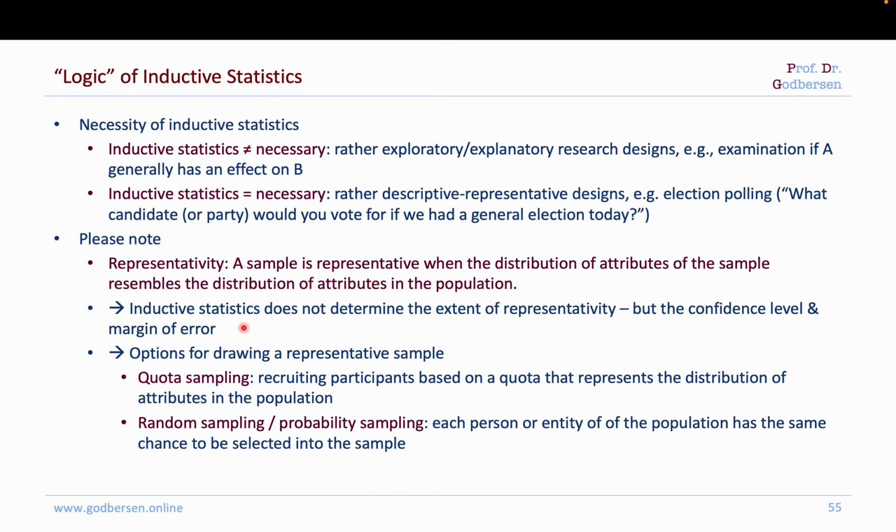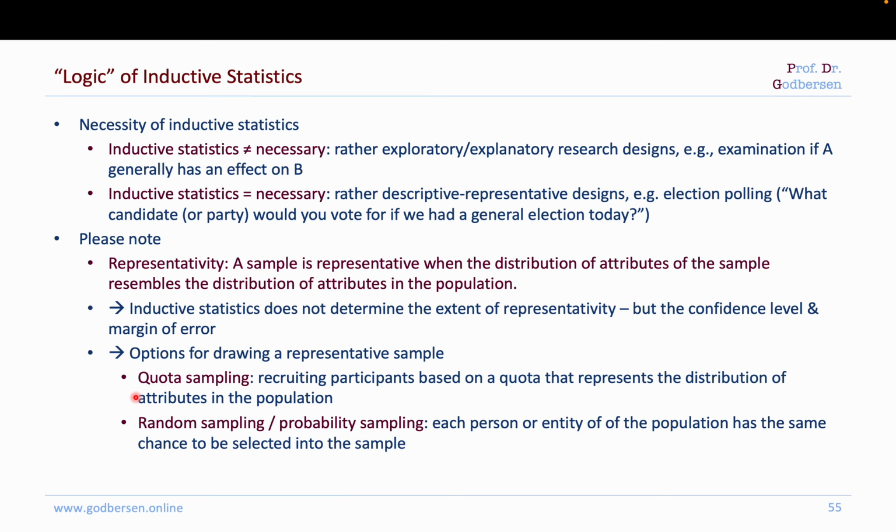There are multiple options to draw a representative sample if you wish to and if you need to have one. One is quota sampling. I will give you an example in a moment to make this clear. You recruit your participants based on a quota that represents the distribution of attributes in the population.